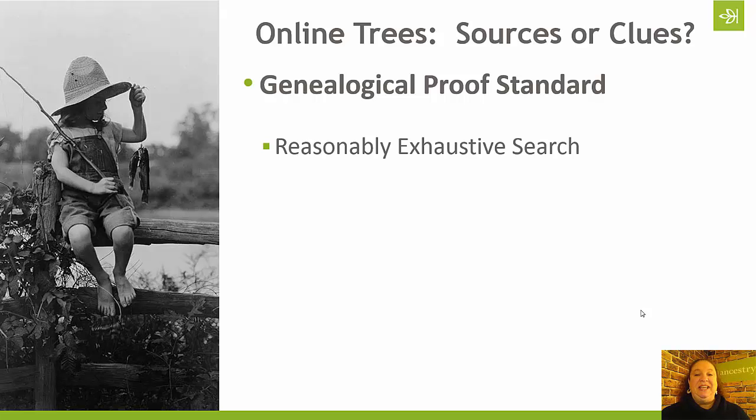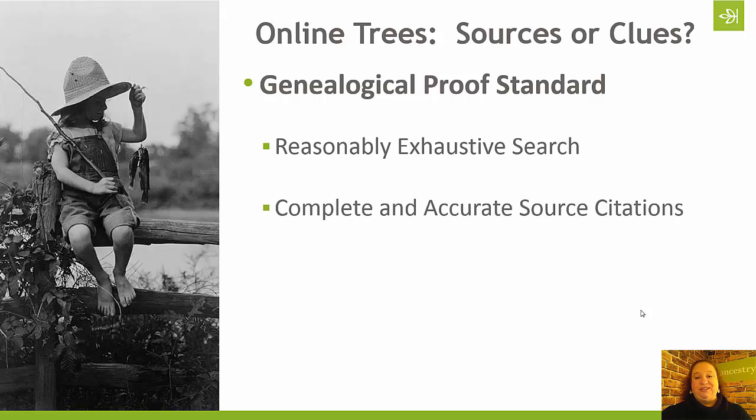That means that if we are excluding family trees altogether, if we're excluding those published family and local histories that I talked about last week, if we're excluding any published family history book, whether it was published in 1812, 1912, or 2012, we cannot say we have done a reasonably exhaustive search because we haven't looked at all of the information that's available. So I am a huge proponent of using online trees because it means that I have met this portion of the genealogical proof standard. I have done a reasonably exhaustive search.